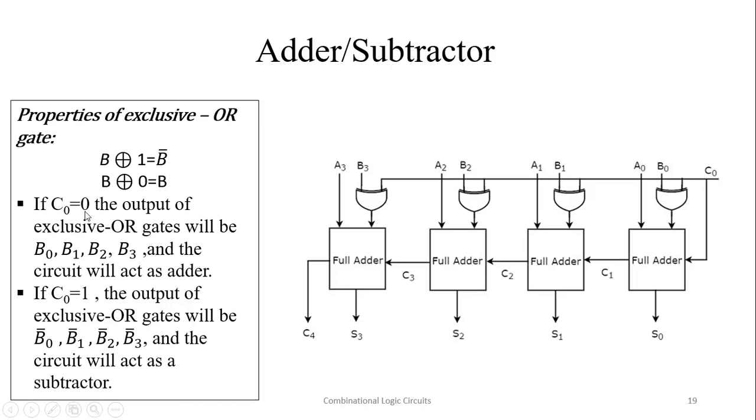If C0 is 0, the outputs of the exclusive OR gates will be B0, B1, B2, B3, and the circuit will act as an adder. If C0 equals 1, the outputs of the exclusive OR gates will be B0 bar, B1 bar, B2 bar, and B3 bar, and the circuit will act as a subtractor. So this is the binary adder subtractor.